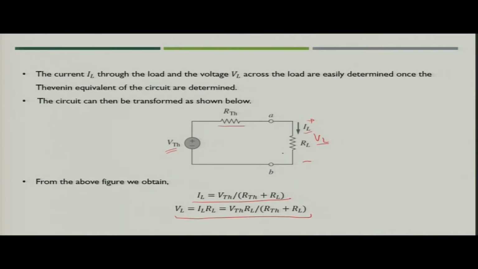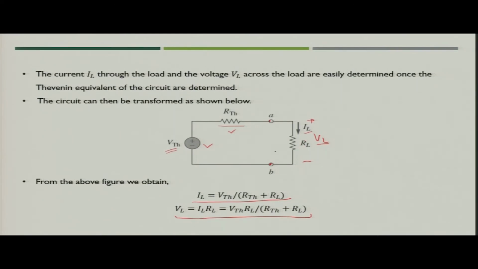Now, if you have multiple cases or multiple loads for which you want to find the current and the voltages across those loads, you need not change anything in this circuit, that is RTH and VTH. You have to just keep on changing the loads across terminals A and B. Based on the resistance of the load, your load current will keep on changing.